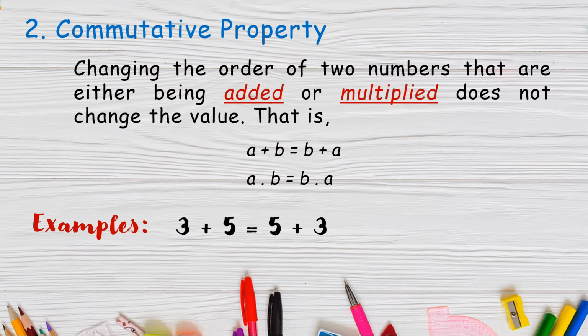Since 3 plus 5 is equal to 8 and 5 plus 3 is equal to 8, then they are both equal. Another example, 5 times 2 is equal to 2 times 5. Since 5 times 2 is equal to 10 and 2 times 5 is equal to 10, so they are both equal.